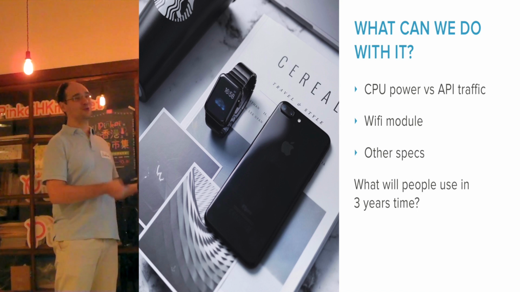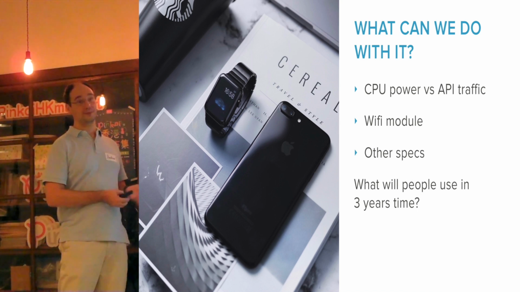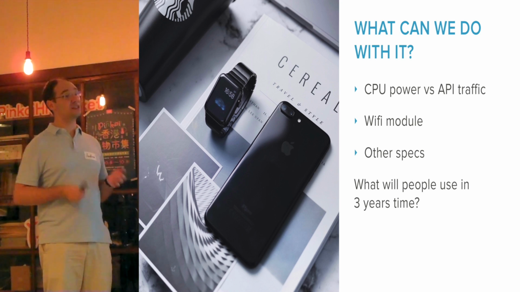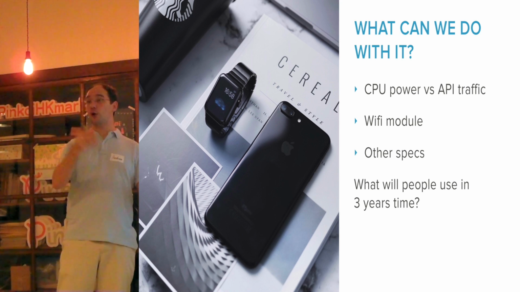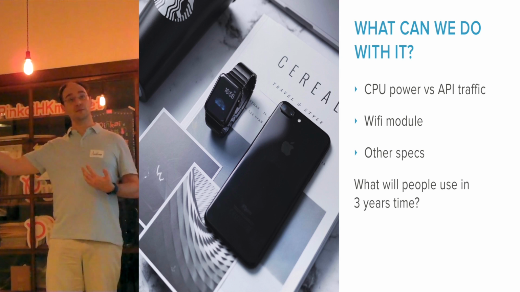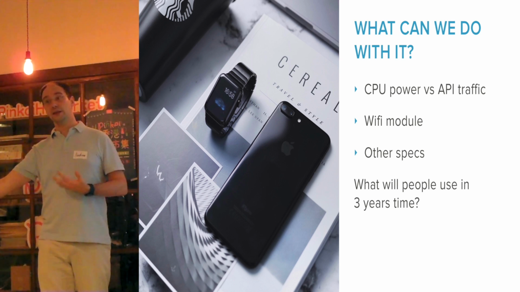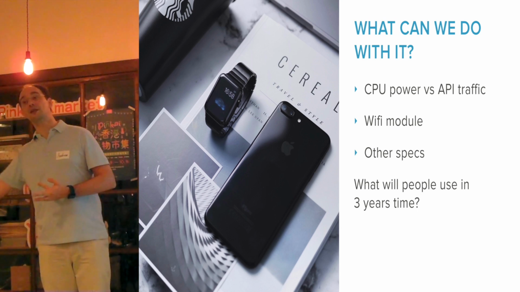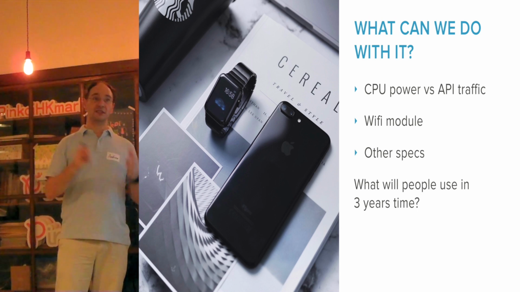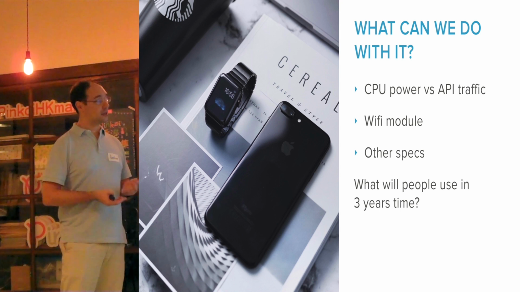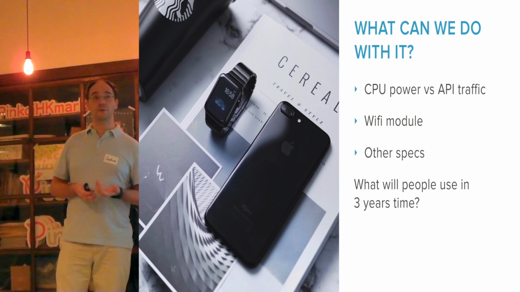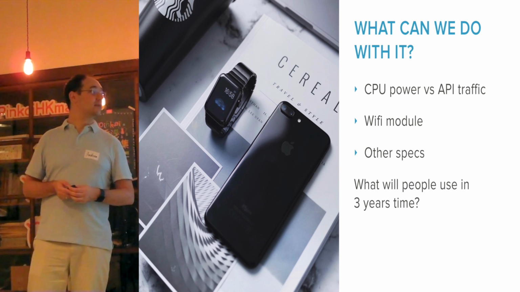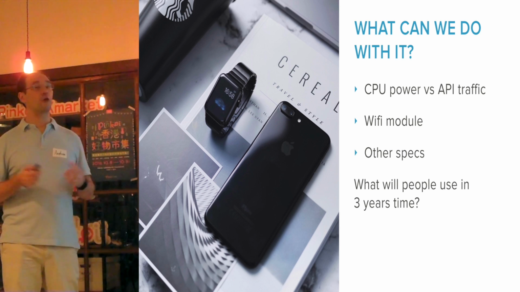But once you design hardware, you're stuck with what you designed for, on average, let's say 3 years. Say you design a product today, it takes 1 year to bring it to market, and before you bring the next version to market, it's going to be 2 other years. So what you design today needs to be current for the coming 3 years. It's a very different type of horizon.